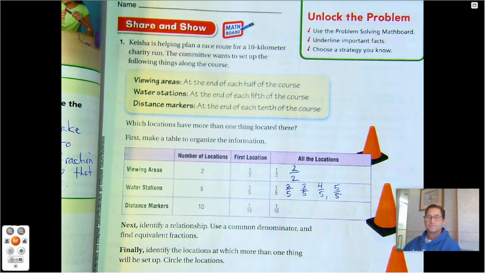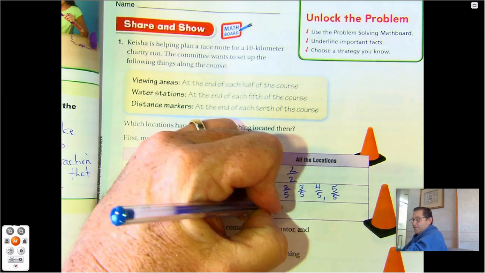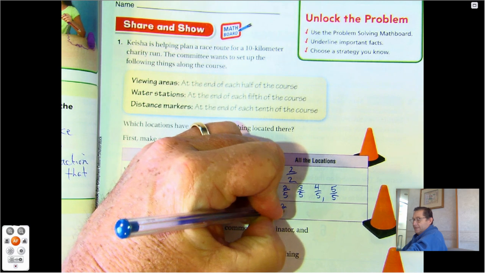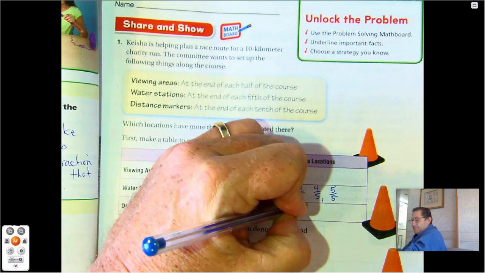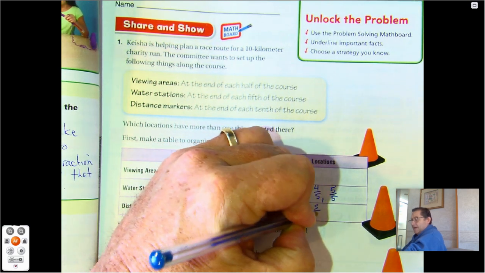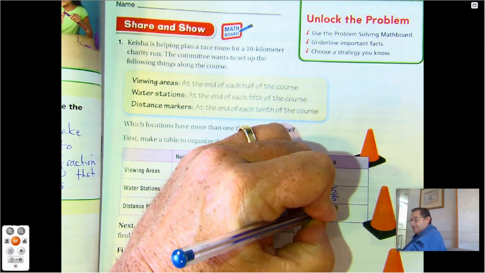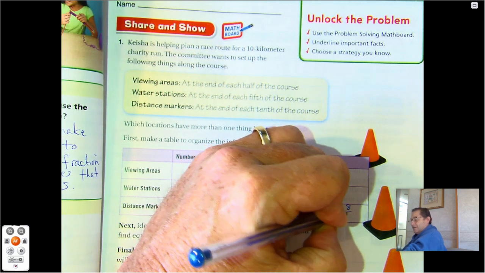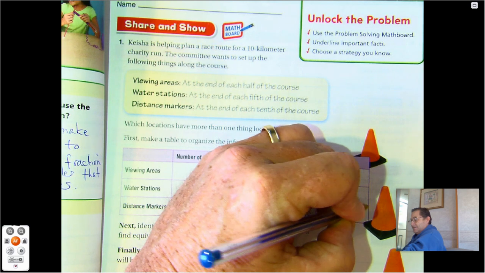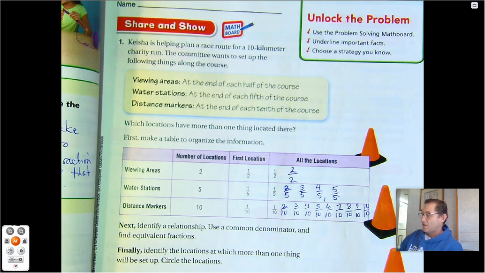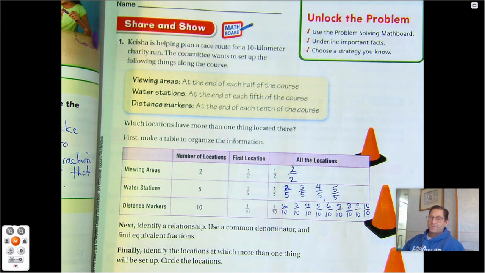Okay, the distance markers, they would show up at 1/10, 2/10, 3/10, 4/10, 5/10, so on, right? 6/10, 7/10, 8/10, 9/10, 10/10. So basically we have to find fractions that are equivalent. Or, yes, where at least 2 of them have equivalent fractions.